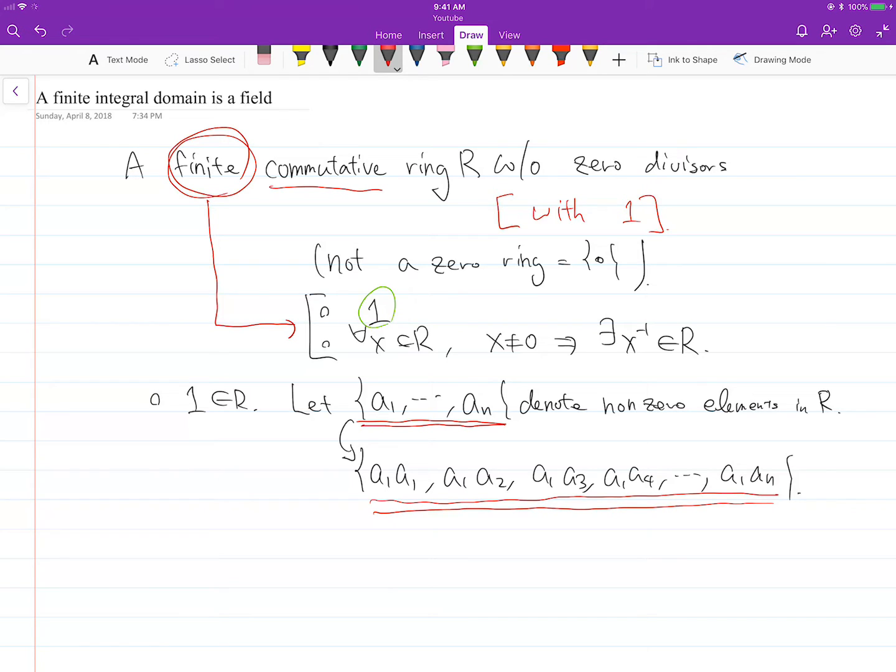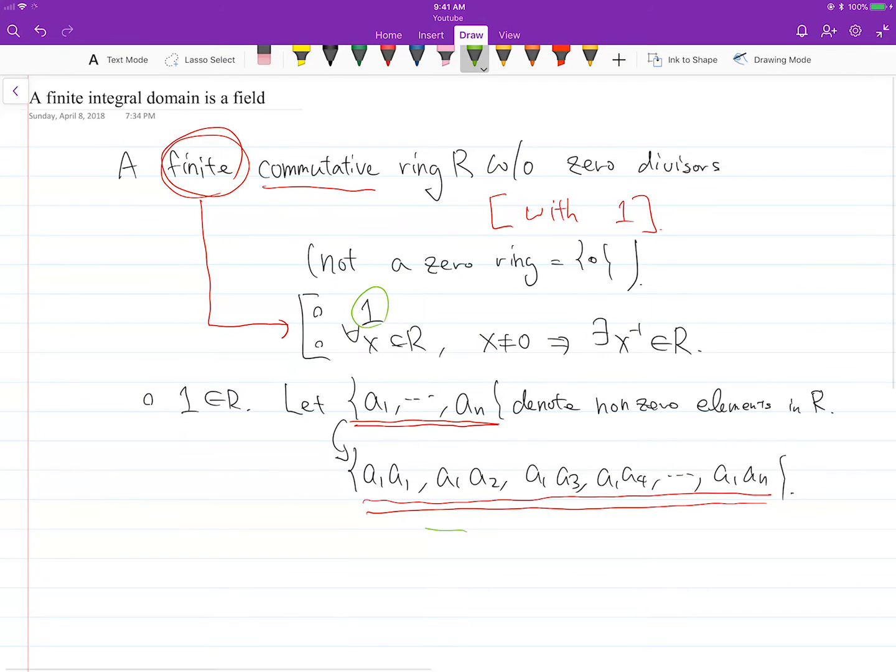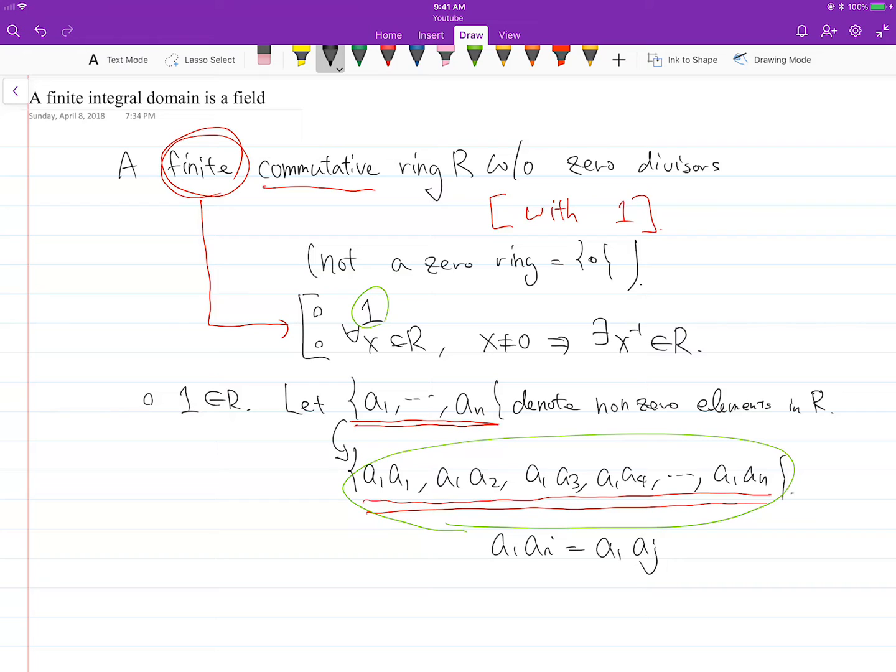I'm going to claim that every element in this set is distinct. The proof is pretty simple. Suppose that a1ai equals a1aj for some i and j.